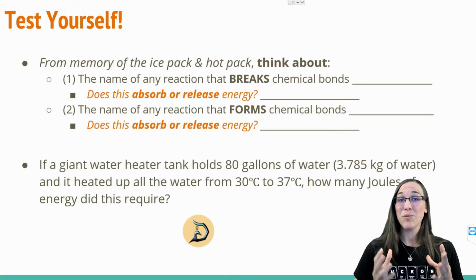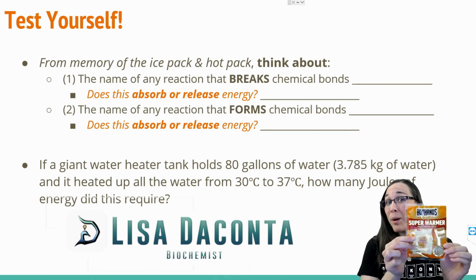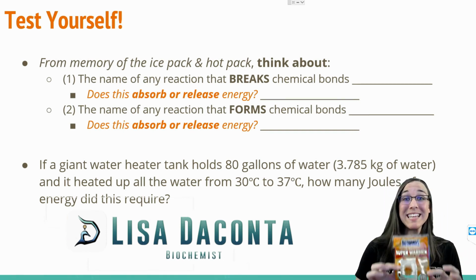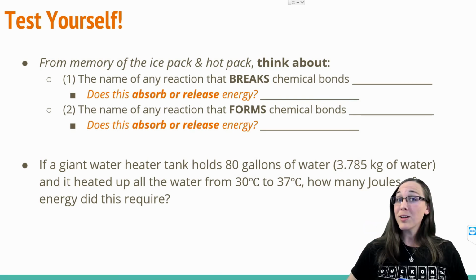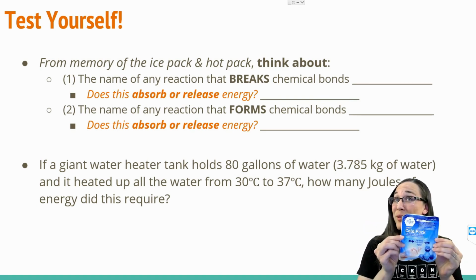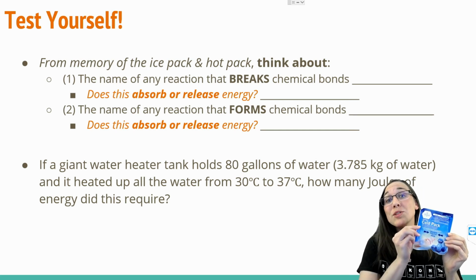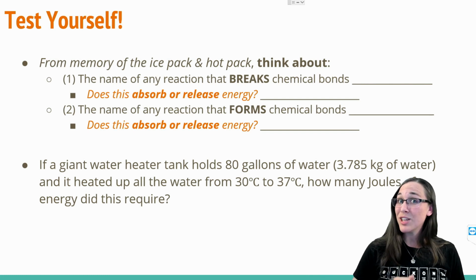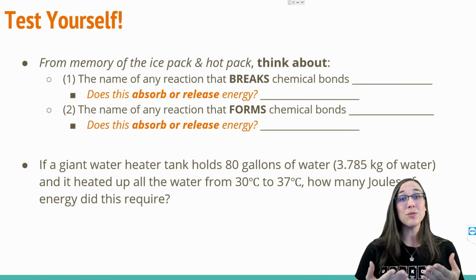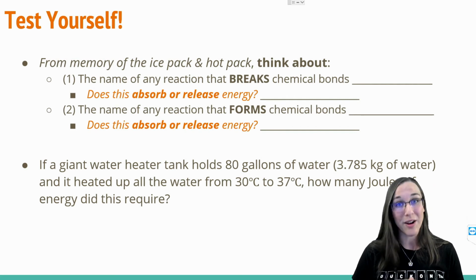In this lesson, we talked about how chemical reactions that form chemical bonds will release heat energy, and we call those exothermic. We also talked about endothermic reactions, which are those that break chemical bonds and absorb heat energy. We were then able to calculate using the units for heat, which happens to be joules. 4.184 joules can raise 1 gram of water by 1 degree Celsius.